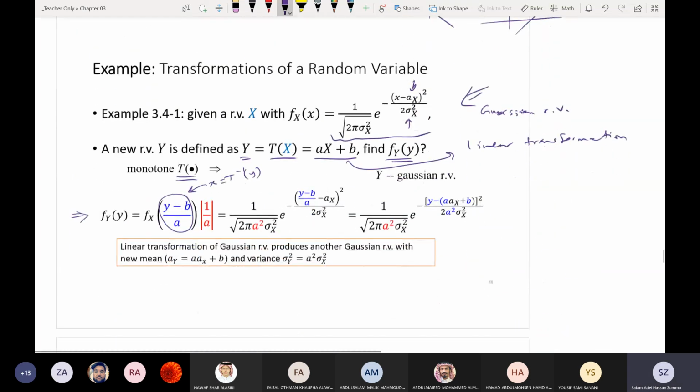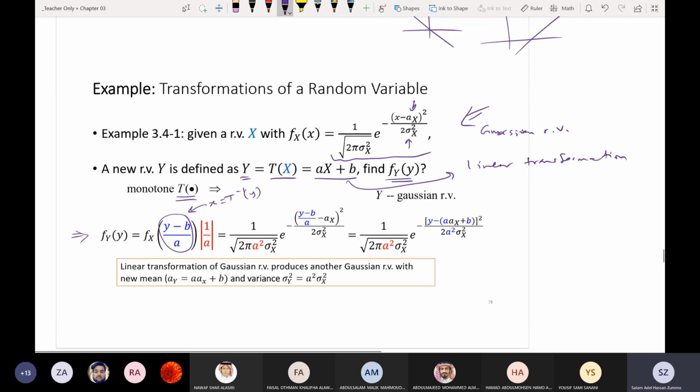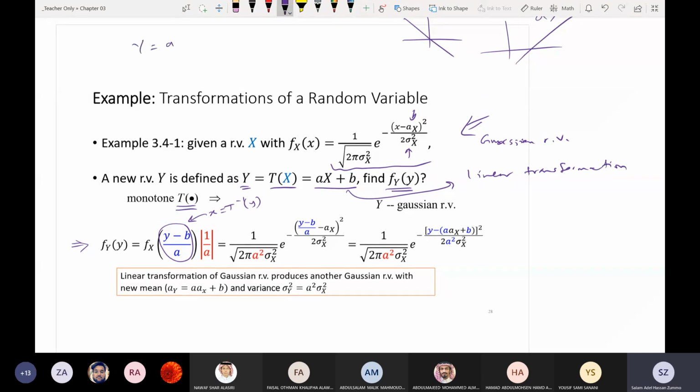So now, knowing this, the PDF of Y equals the same PDF of X, with x replaced by T inverse of y. What is T inverse of y? كم كانت y equals ax plus b، صح؟ هذه T of X. طب what is x from here؟ شباب، what is T inverse of y؟ ايش رايكم؟ شباب معايا ولا لا؟ What is T inverse of y?